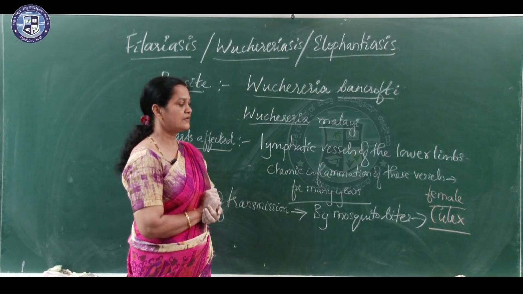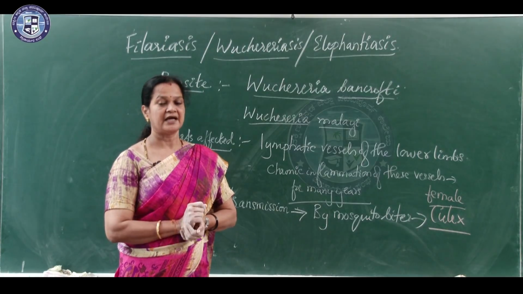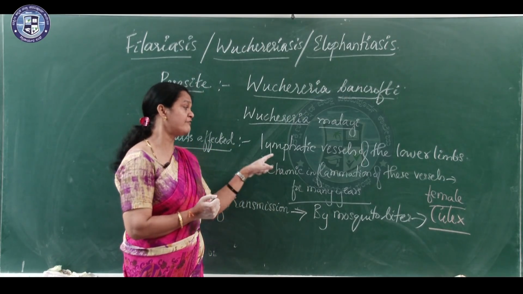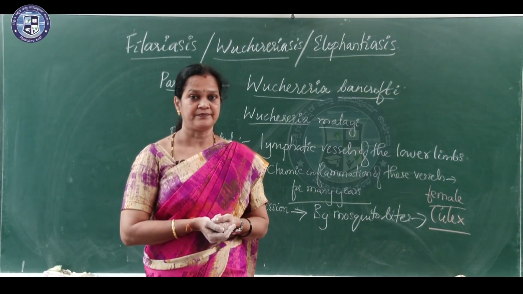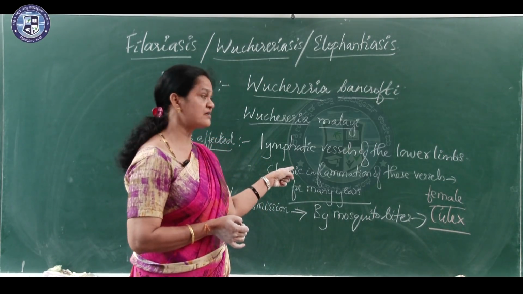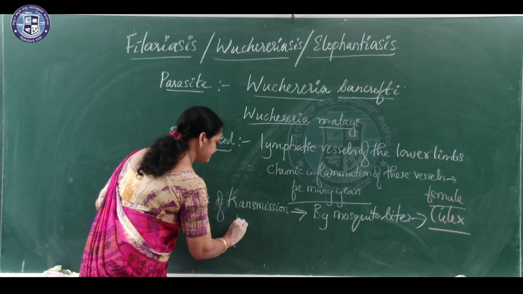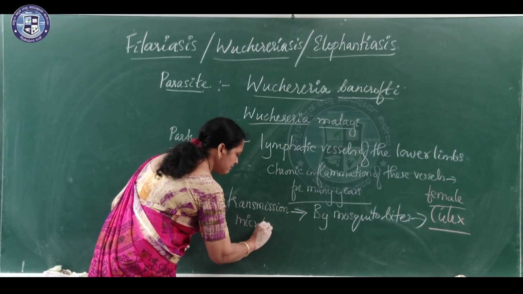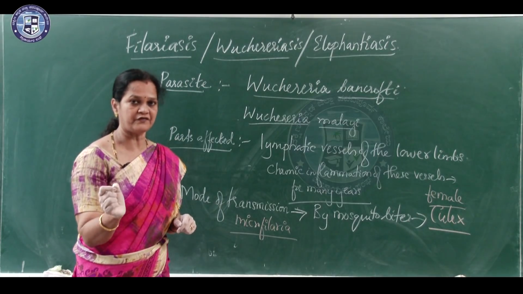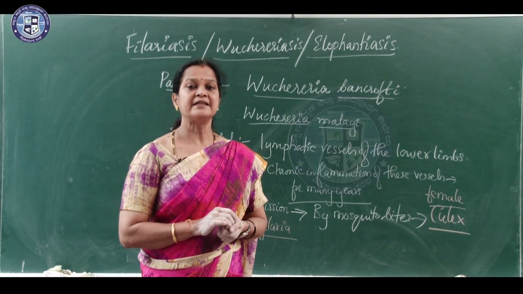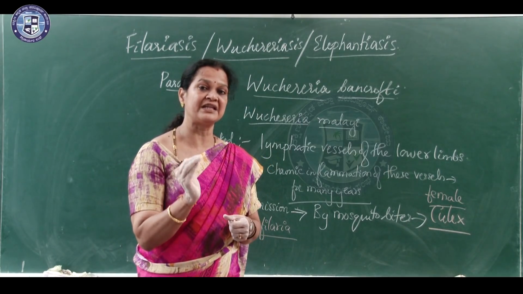Here lymphatic vessels are affected. Lymphatic vessels are not openly seen, they are not in the peripheral circulation. These parasites produce larval forms called microfilaria. Microfilaria are the larval forms of Wuchereria, and during evening time they come to the peripheral circulation.